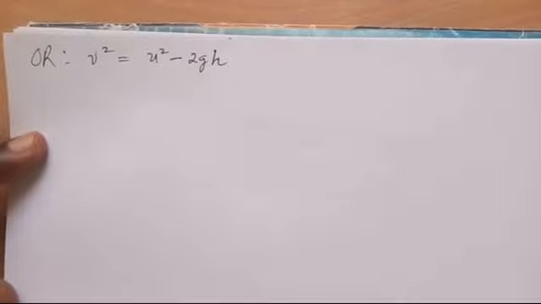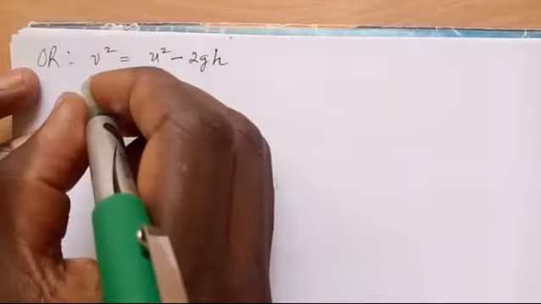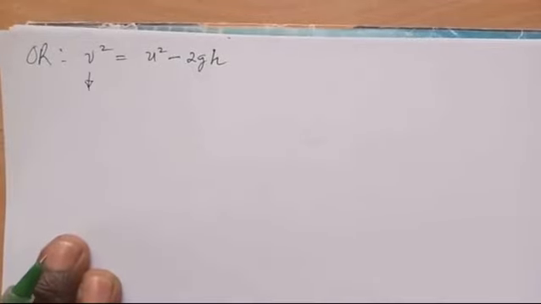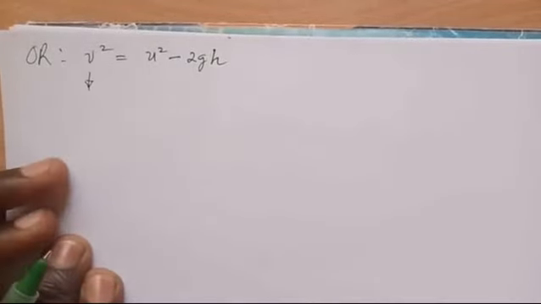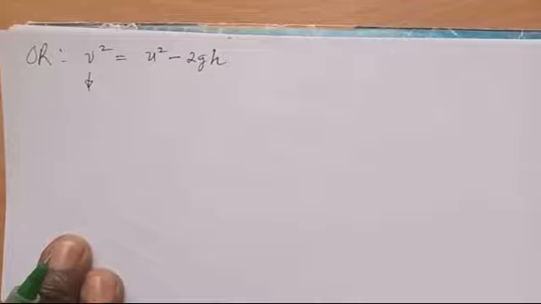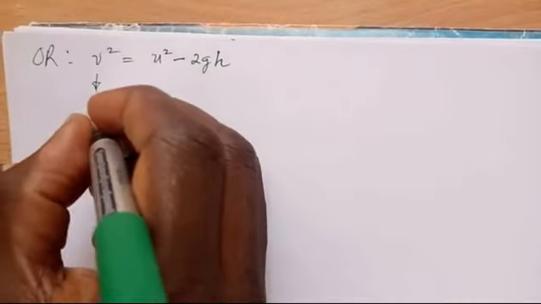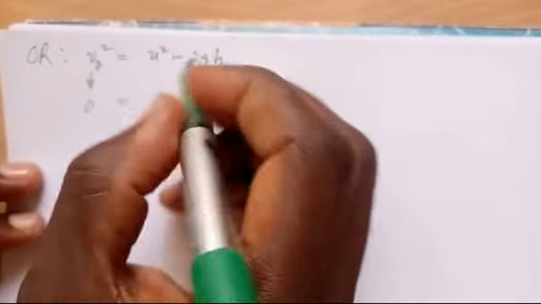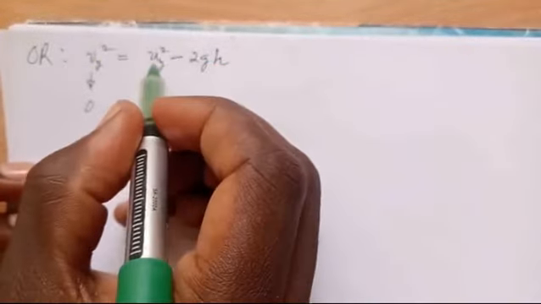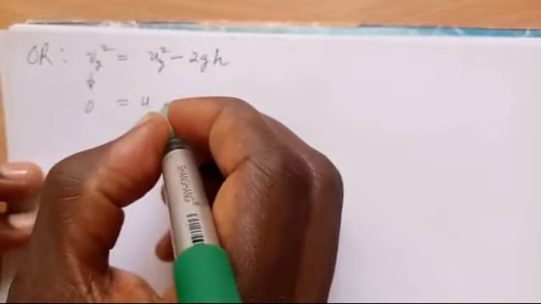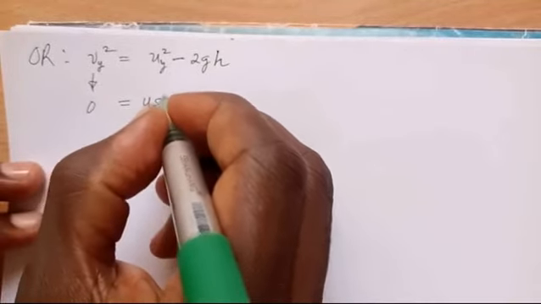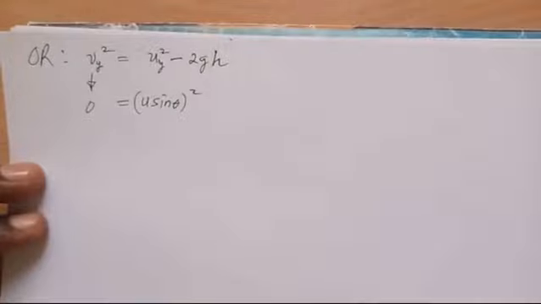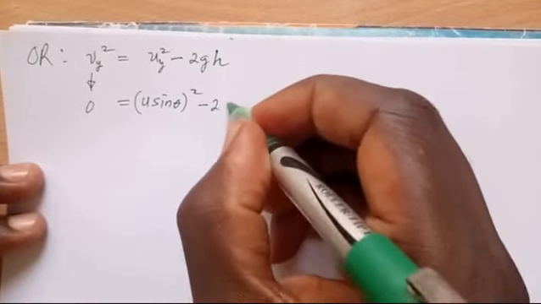Since it is vertical motion that we are considering, our v must be vertical velocity. So at maximum height, remember, I said vertical velocity is 0, so you put 0 here, equal to, and then this u, I have to put y here, then this u we know is u sine theta for vertical velocity. Since it is squared, we square this one, minus 2g.